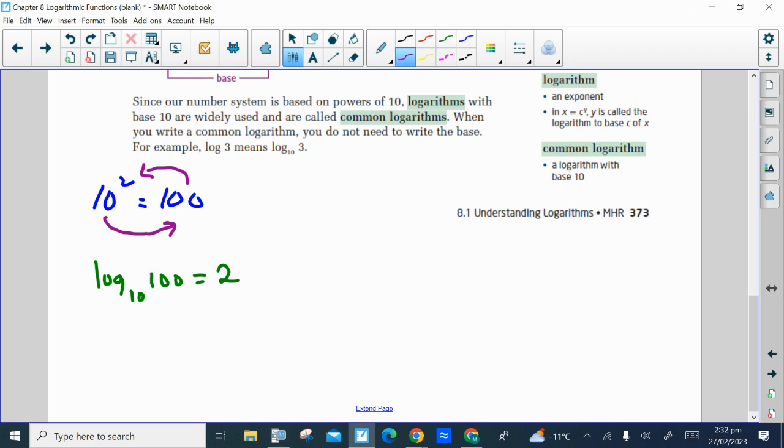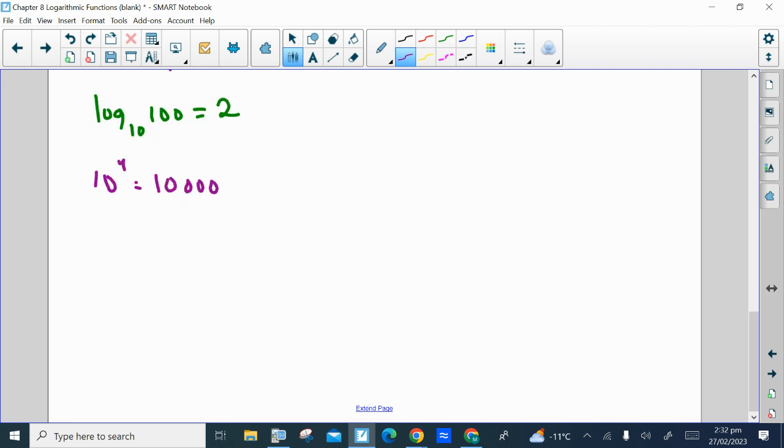Right? You know that, let's say, 10 to the power 4 is 10,000. That is true. That's an exponential expression. Well, you can write it as a logarithmic expression by, again, starting with the base and cycling through. The base of the log will be the same as the base in exponential form. The exponential form has a base of 10, so the log will also have a base of 10.